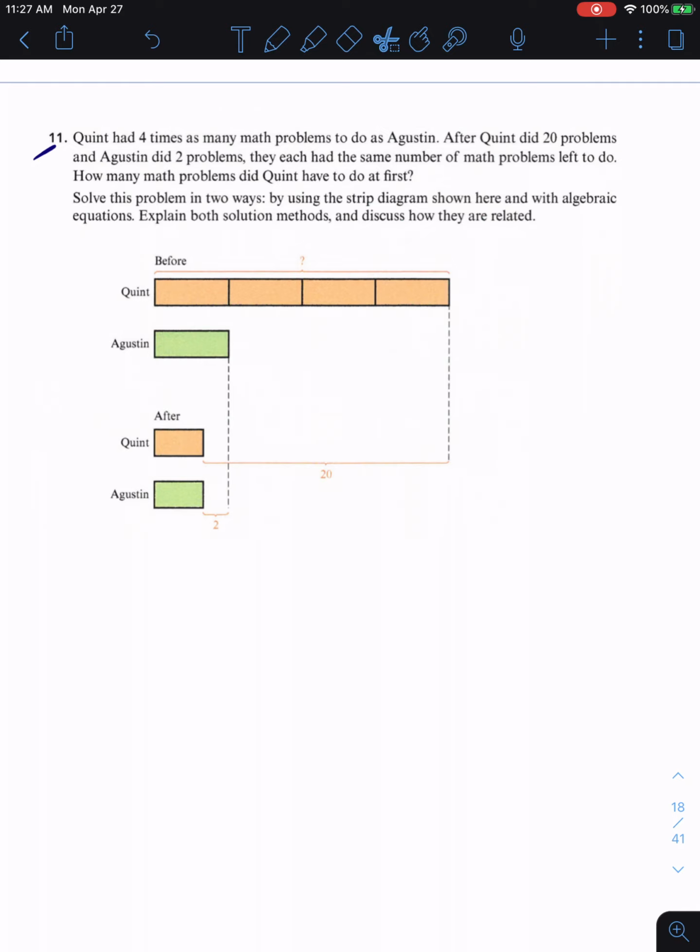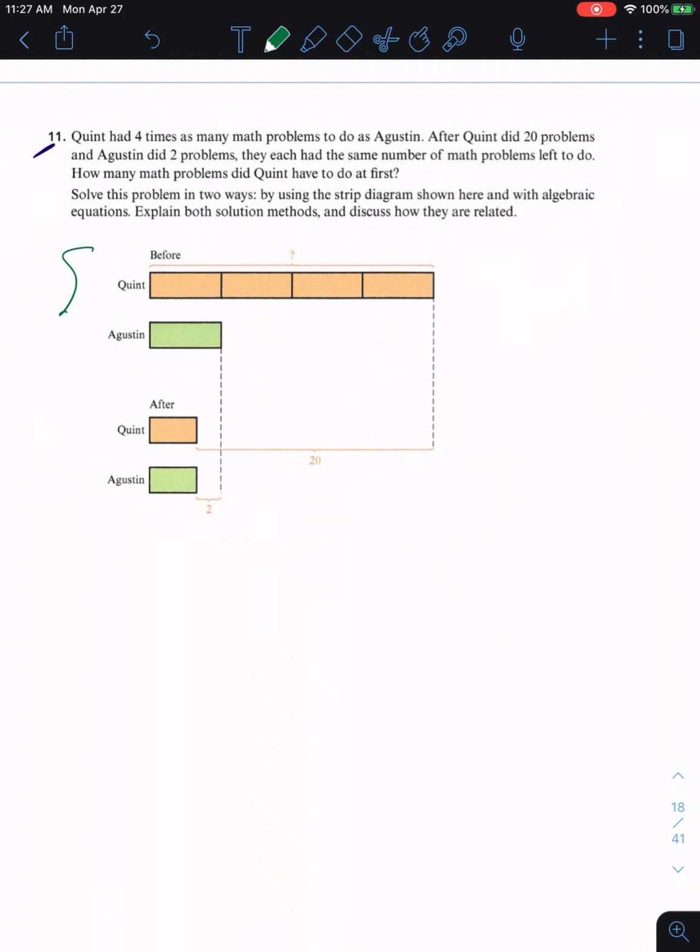So let's make sense of these diagrams. So this is the before. Quint had 4 times as many math problems as Augustine. Makes sense that this is Augustine, and Quint has 4 times as many of those blocks.